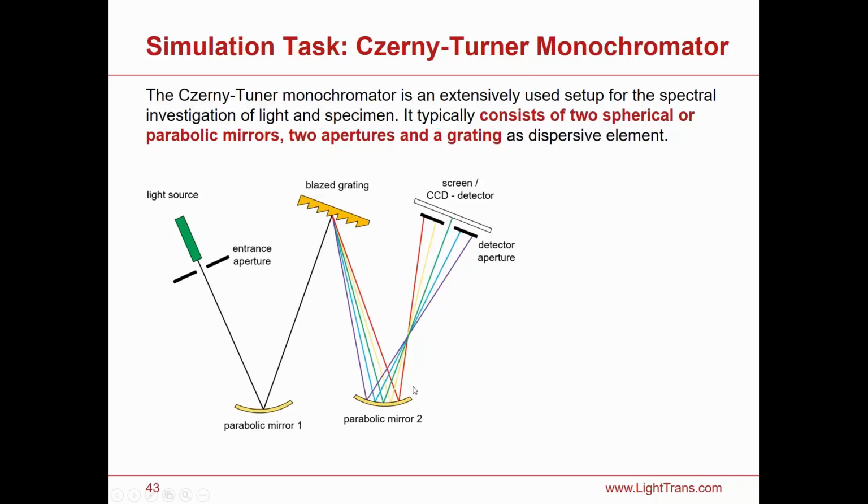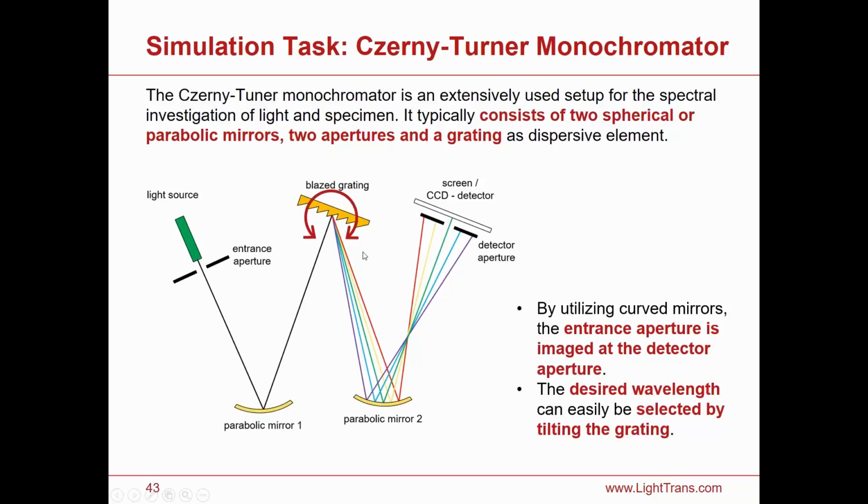Now the different wavelengths hit a second mirror, and this mirror reflects light to the detector aperture. Due to the setup, just one wavelength can enter the detector aperture. And by changing the tilt angle of the grating, you can set the wavelength which can enter the detector aperture. This means that you can set the wavelength independently by this tilt.